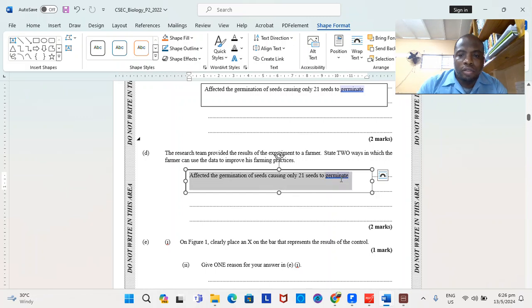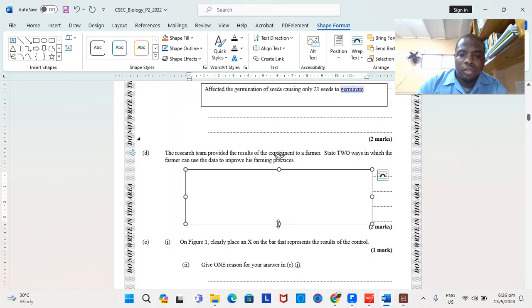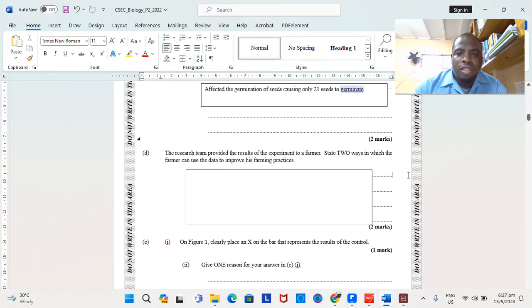Part D. Part D says the research team provided the results of the experiment to a farmer. And we know farmers are persons who are cultivating crops.